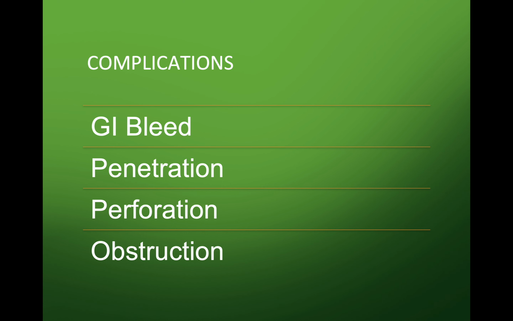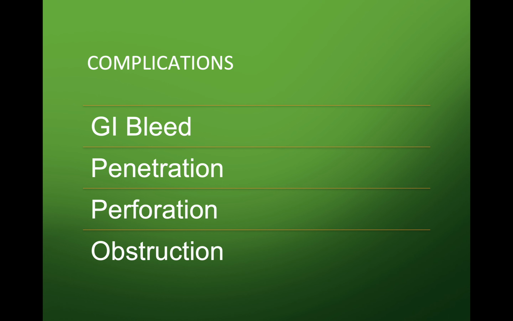And then lastly on here we have obstruction. As damage to the stomach tissue is progressing and ongoing, the body's trying to fix itself and starts to build scar tissue, which is less compliant and more thick, and it can lead to obstruction of openings.